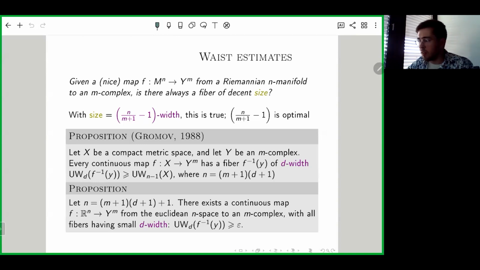So maybe let me say just one word about the proof of this. This is similar to how we started from two dual skeleta in R3 in order to come up with that counterexample in the previous slide. For example, the next non-trivial case will be dimension 5. You start with R5.